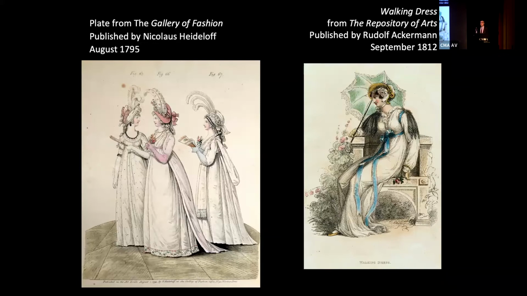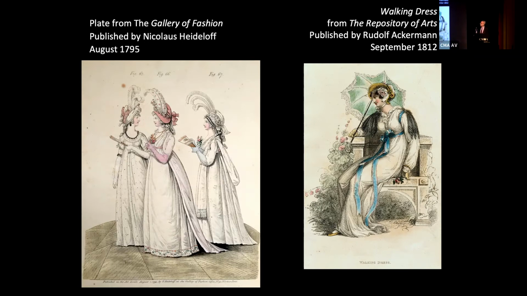But we also have an enormous amount of visual evidence. The Regency era, broadly 1790s onwards, is an era where you have fashion magazines being widely distributed to various economic levels, and you have these beautiful fashion plates that advertise the latest fashions.